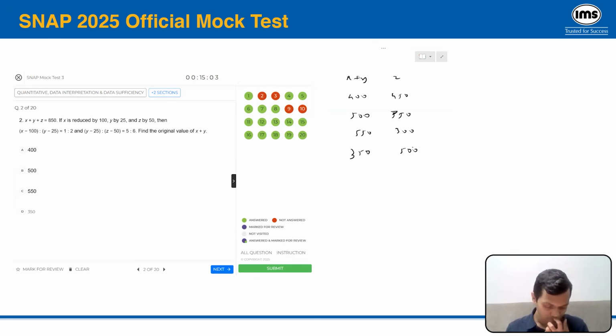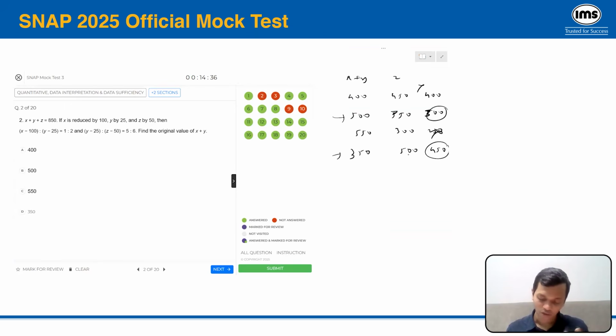Now they're saying when you reduce z by 50, it becomes multiple of 6. So this will not be the answer. This is 300. This looks nice. This is 250, so not the answer. This is 450. So it's either this or this. Right, because 350 and then whatever, 300 and 450.